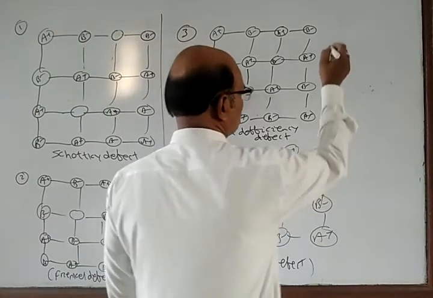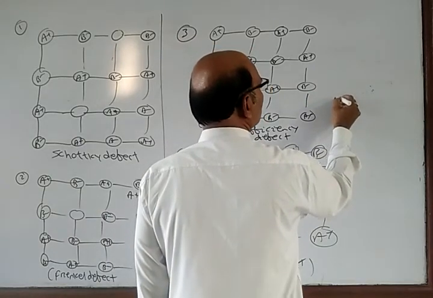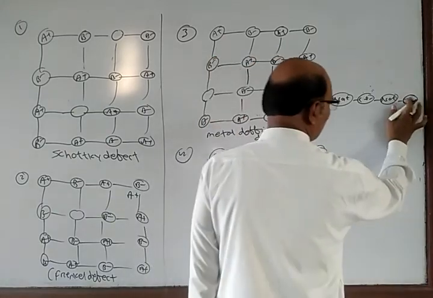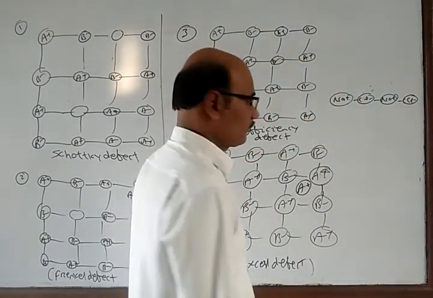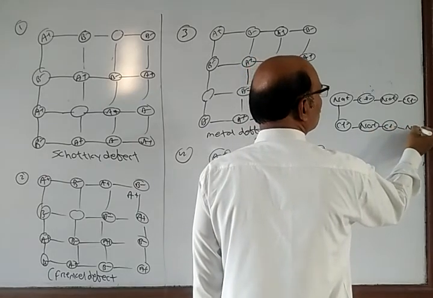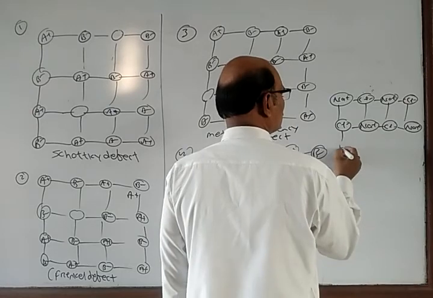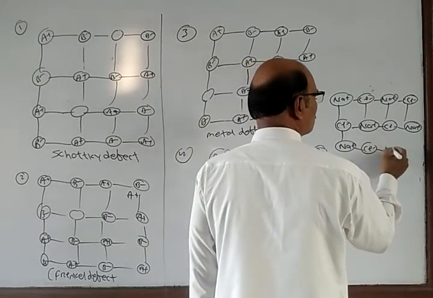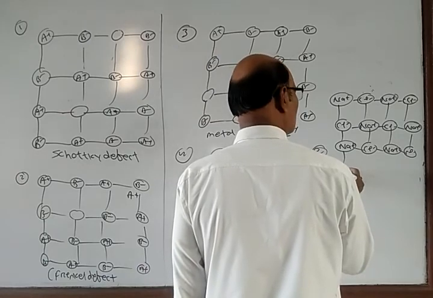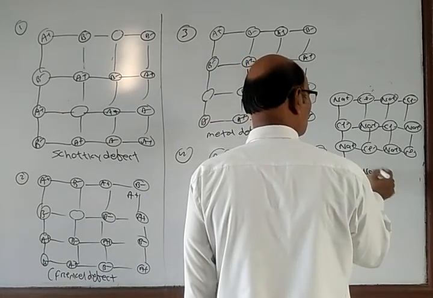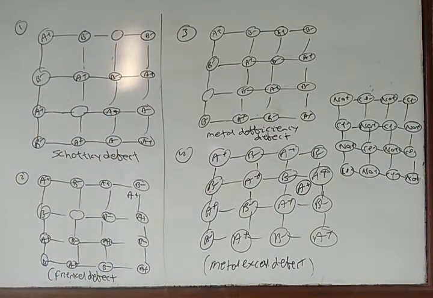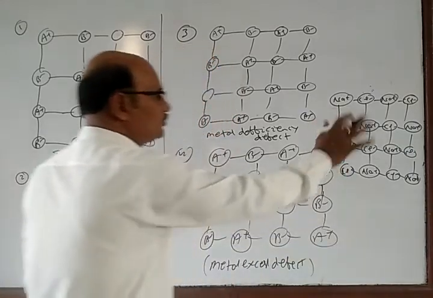Similarly, we can have impurity defect. Suppose Na plus Cl minus, Na plus Cl minus, Na plus Cl minus. So this is a perfect crystal.